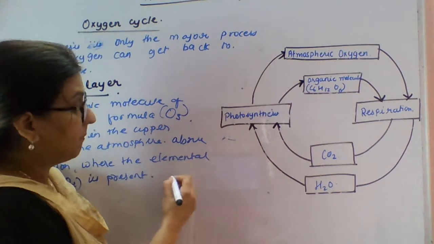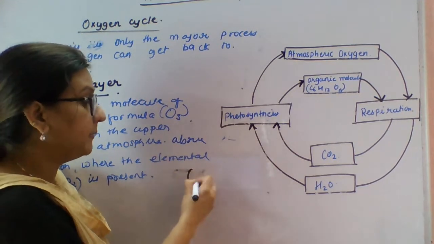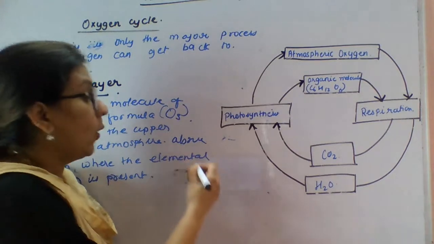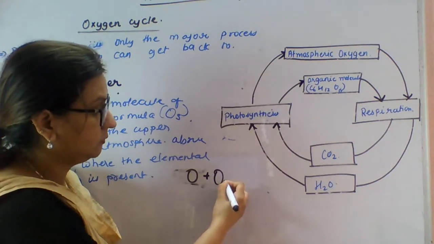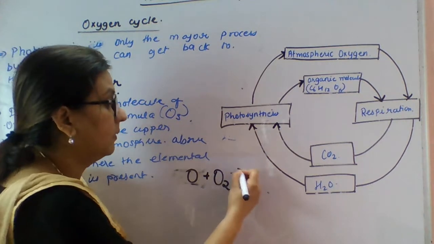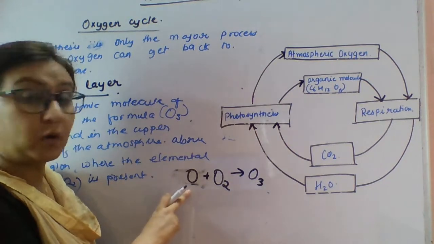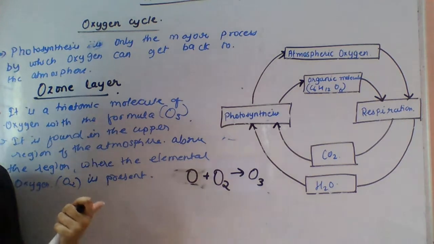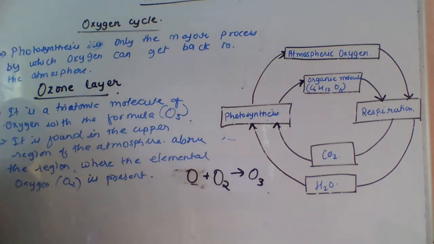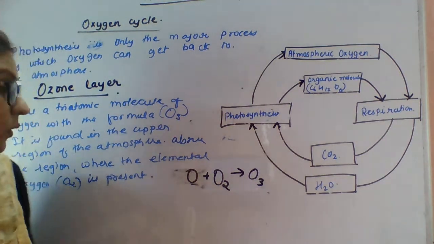When elemental oxygen combines with diatomic oxygen, that is O2, it will form ozone, that is O3. Clear? So this is the formation of ozone.